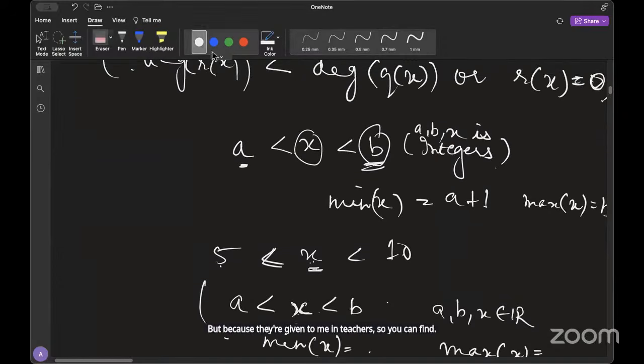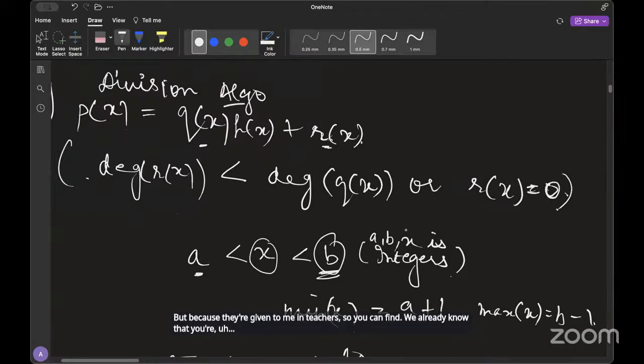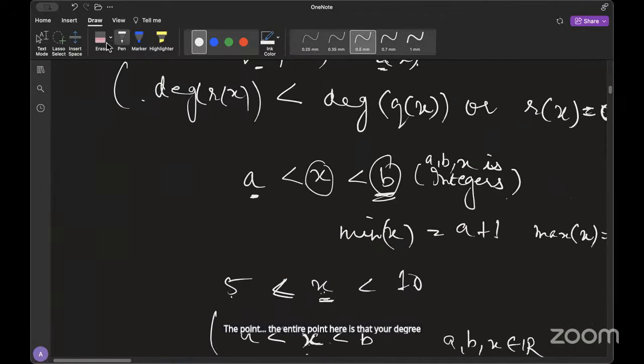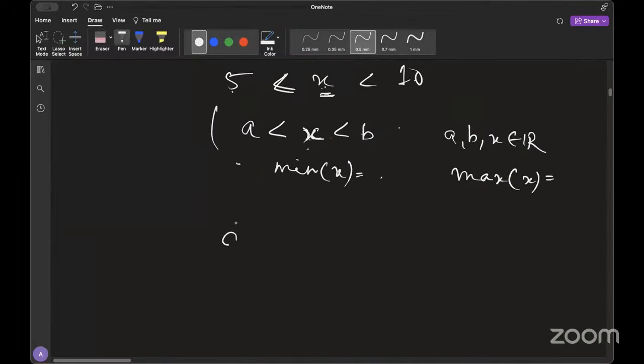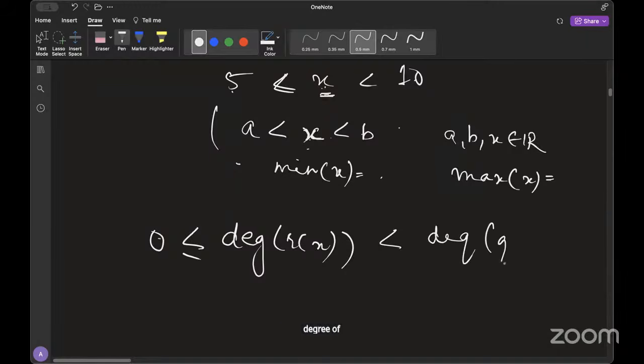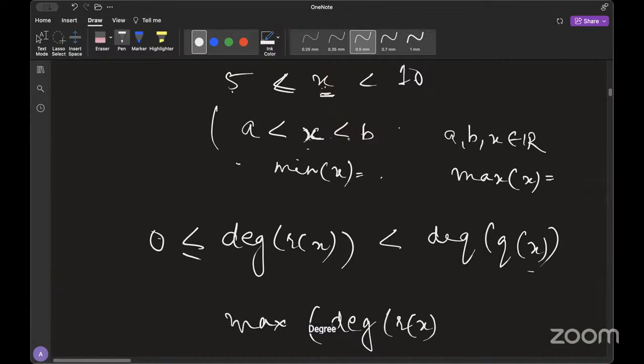And we already know that the degree of Rx is greater than or equal to 0, and less than the degree of Qx, right? So the maximum degree Rx can take is degree of Qx minus 1, because the degree of Rx is an integer.